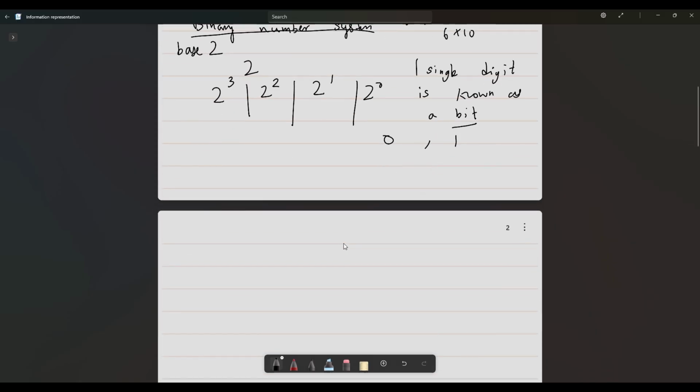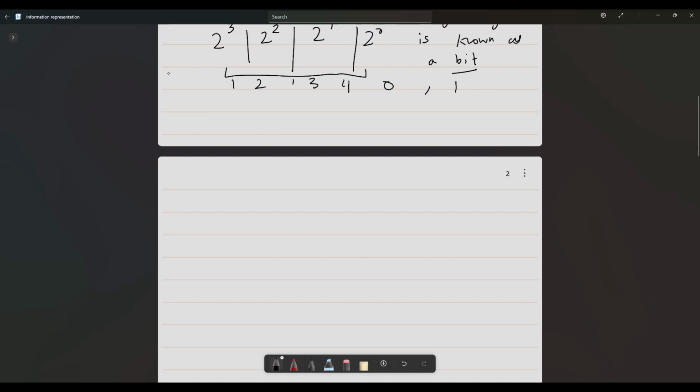So here, if you count, 1, 2, 3, 4, we're writing this in 4 bits. We'll start with 4 bits, that's a commonly followed number of place values. So if we expand this, it's 8, 4, 2, 1.